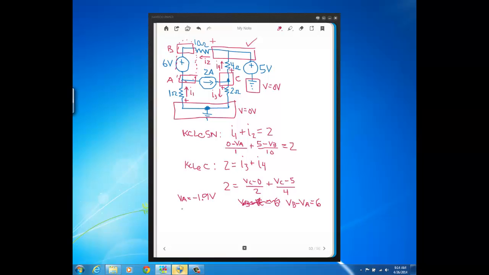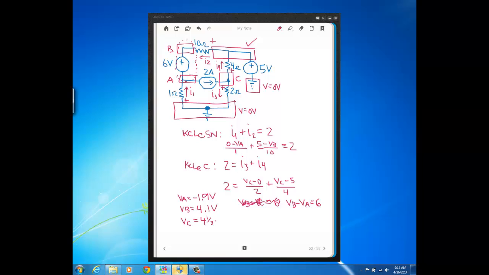VB is just going to be 6 more than that, so that's going to be 4.1 volts. And then VC comes out to 4 1/3 volts.